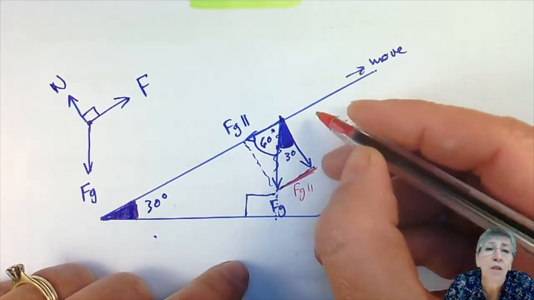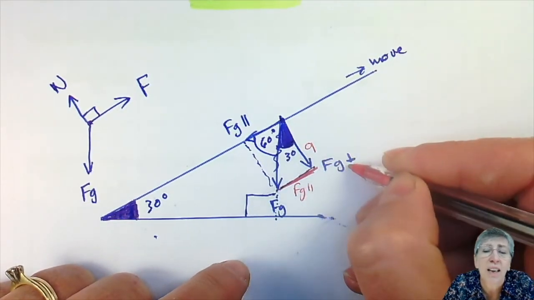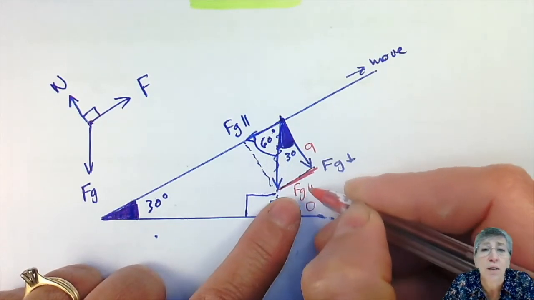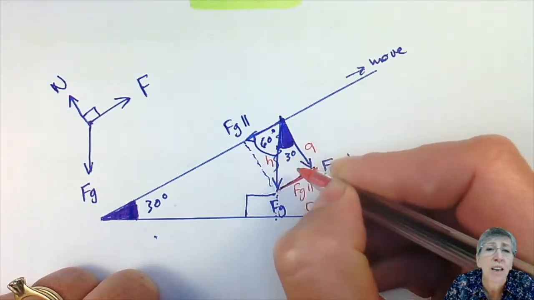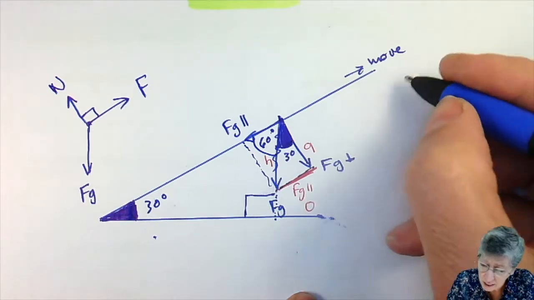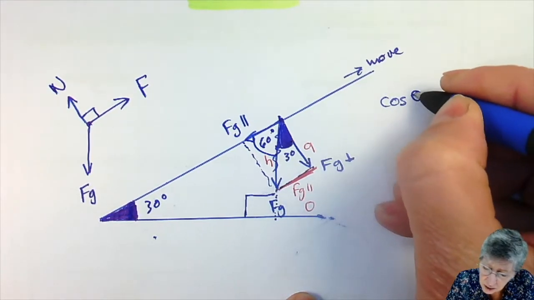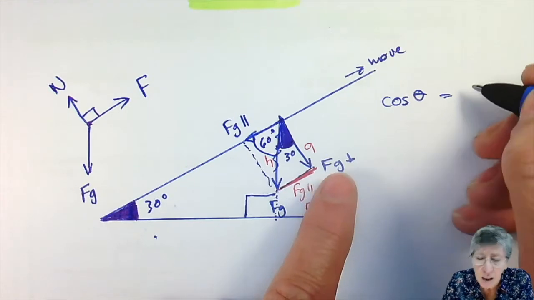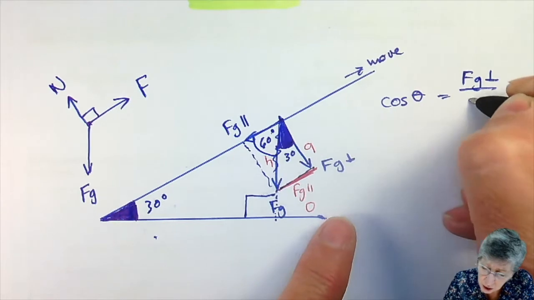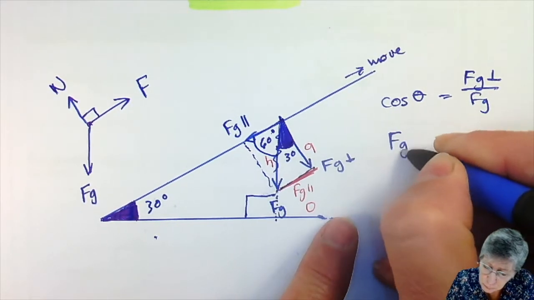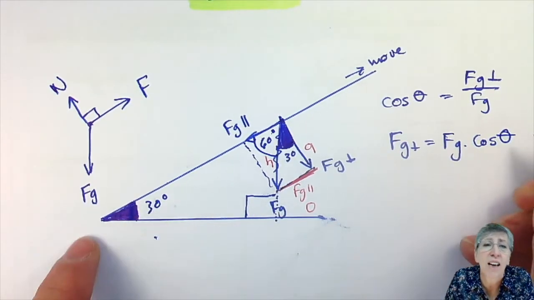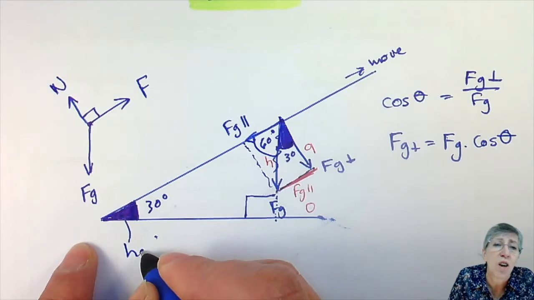So if I'm working with the 30, the adjacent one is the perpendicular one, and the opposite one is the gravity parallel. And now the hypotenuse is the gravity on its own. So if I look at this one and say cos theta, with cos theta being adjacent over hypotenuse, that will be FG perpendicular over FG, and then I end up with the perpendicular one always being the whole gravity times cos of that angle, and once again that angle is with the horizontal.